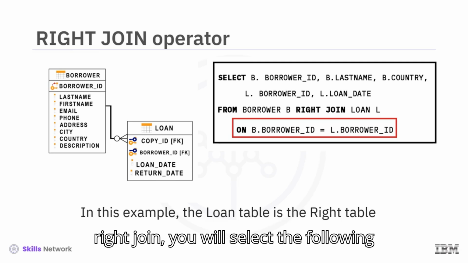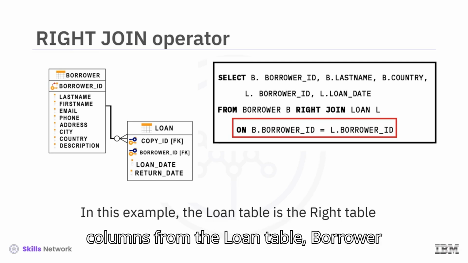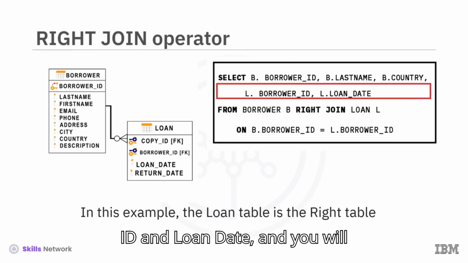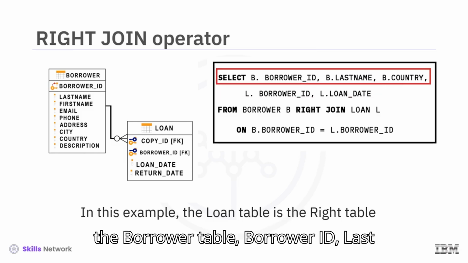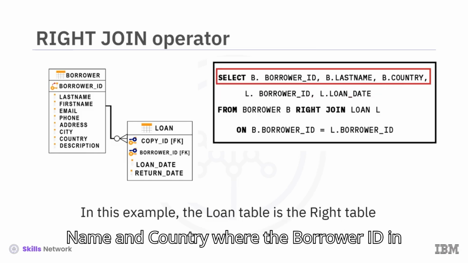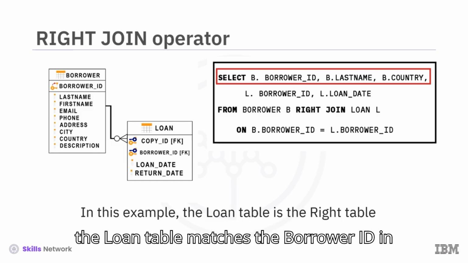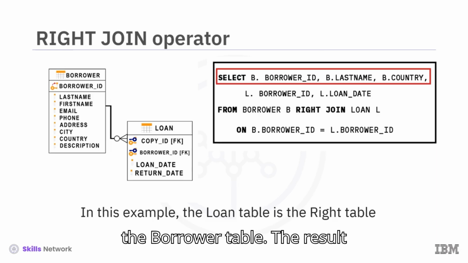For a right join, you will select the following columns from the loan table: borrower ID and loan date. And you will also select the following columns from the borrower table: borrower ID, last name, and country where the borrower ID in the loan table matches the borrower ID in the borrower table.